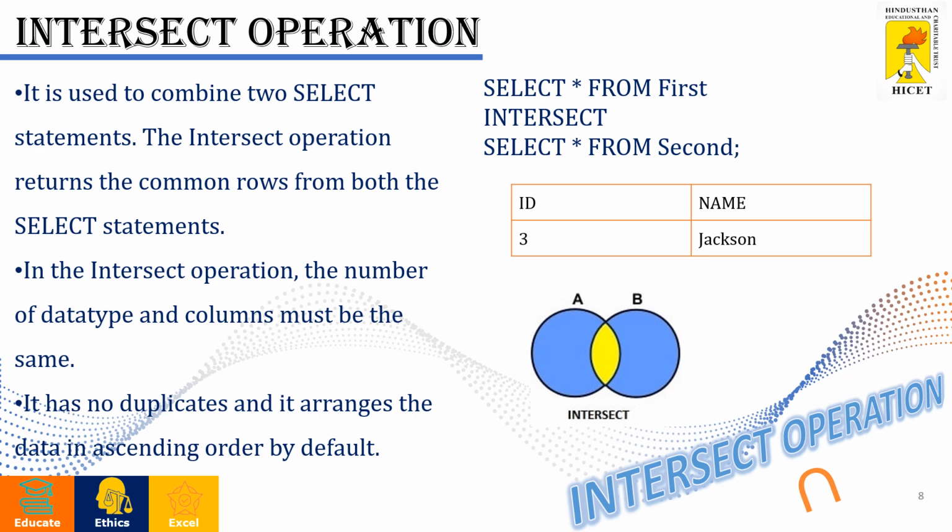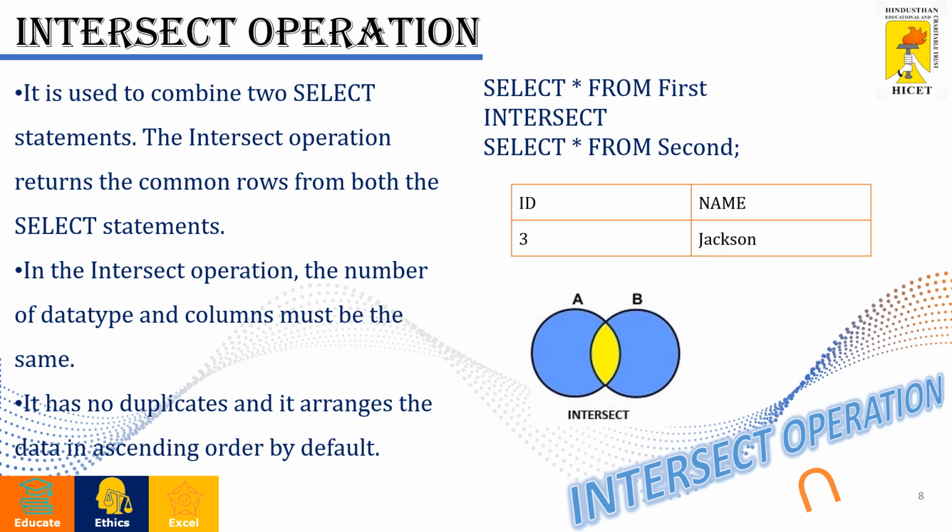The next operation is the intersect operation, and this is used for combining two select statements. The intersect operation will give you the common values which are present in two or more tables. The output here is for the same example which we have seen before.